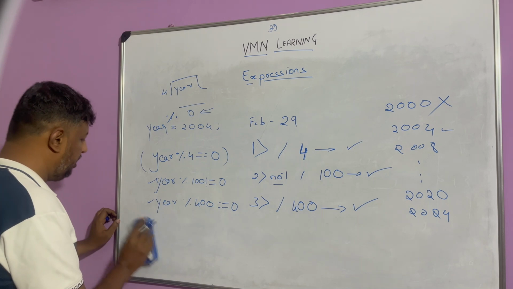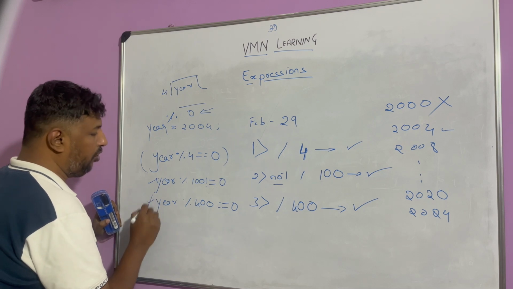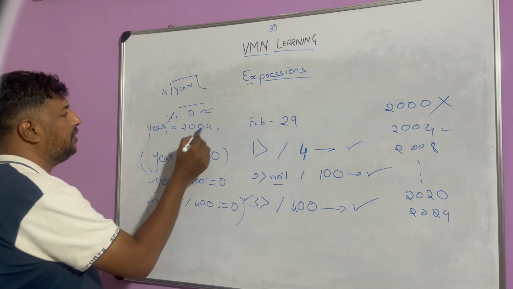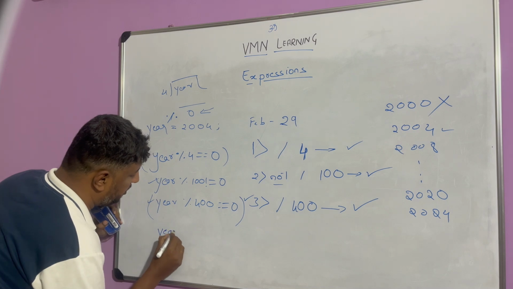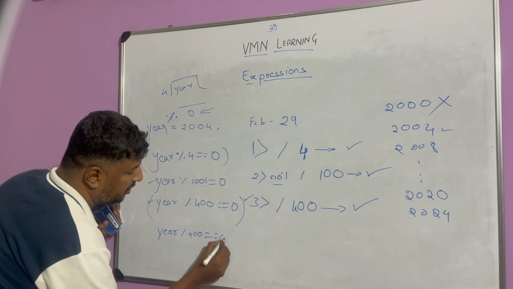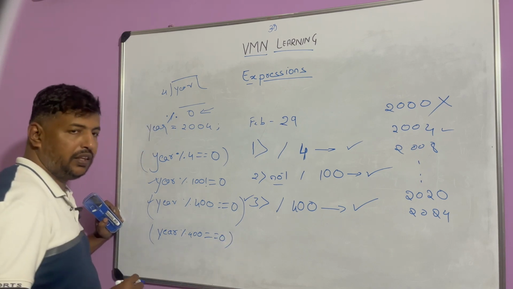Now, if a year is divisible by 400, it will always be a leap year. So let's take that condition. It's a default condition: modulo of 400. So this is the default condition.